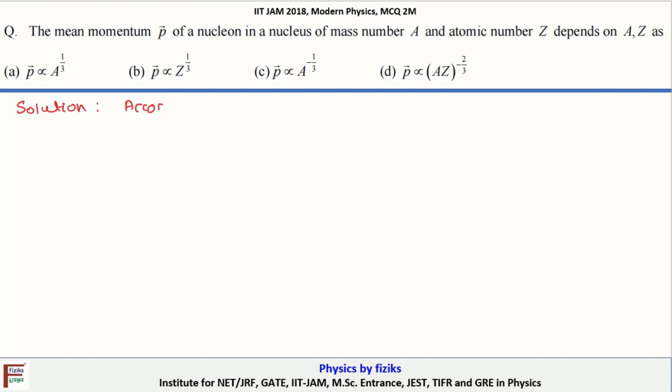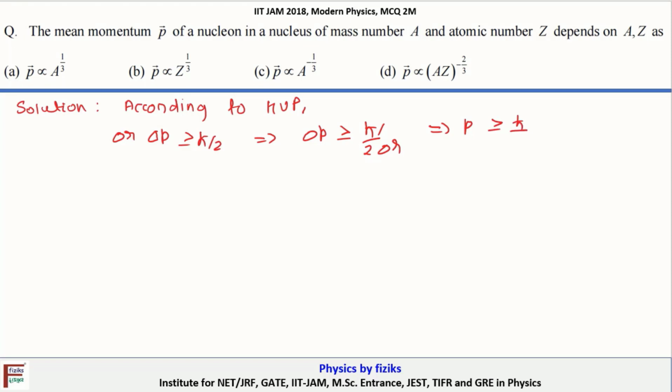According to HUP, Heisenberg uncertainty principle, del R del P must be greater than H cross by 2, implies del P must be greater than H cross by 2 into del R. Same can be written as P must be greater than H cross by 2R, and R is nothing but R naught A to the power 1 by 3.